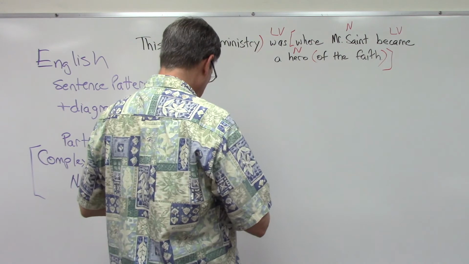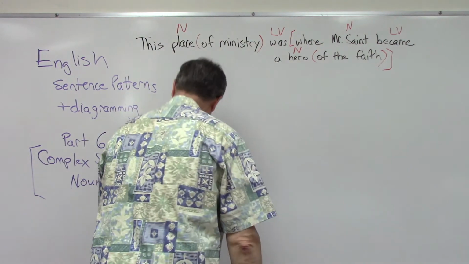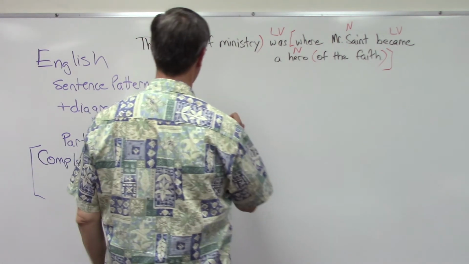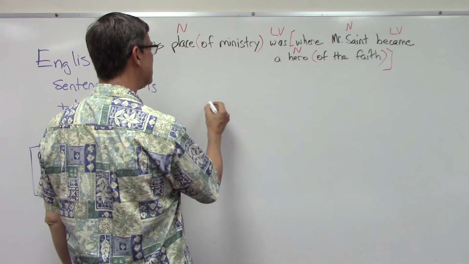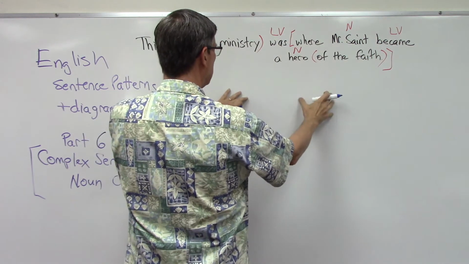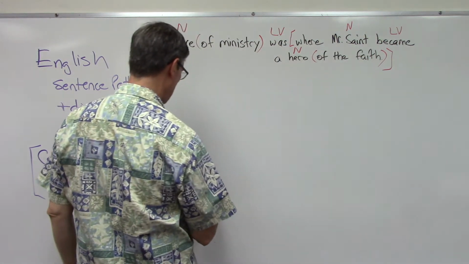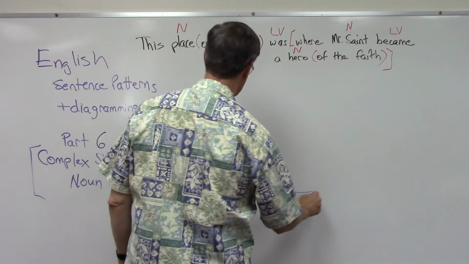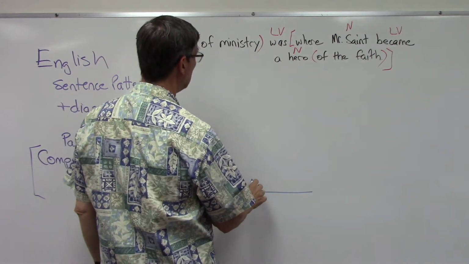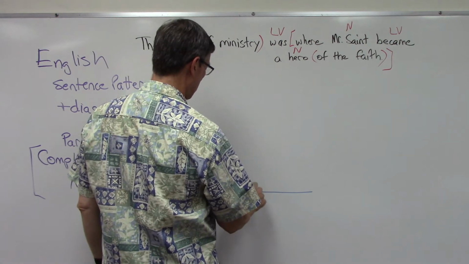So let me get my blue marker. Oh, here it is behind me. And this time, instead of starting up here, because I need to have this clause up here, I'm going to start lower with the main sentence. And we'll say place was.